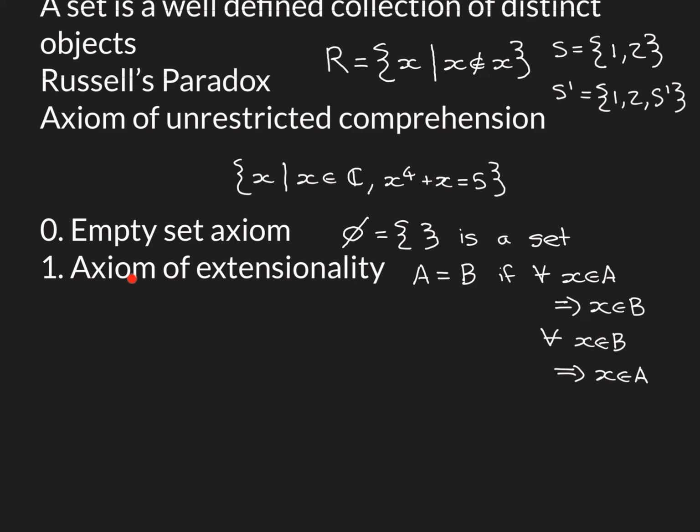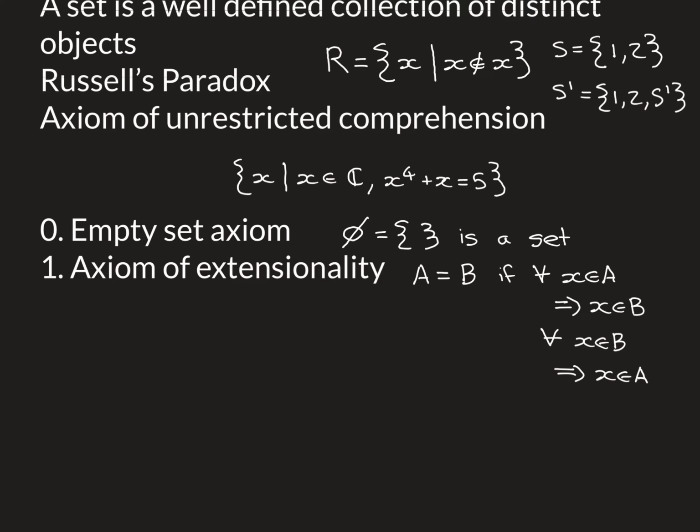Axiom number 1 then, the next one. This is called the axiom of extensionality, and this one you will always see. No matter which textbook you go to, you'll always see this, usually as axiom number 1. And this is a really big, horrible name for something that is incredibly simple. And it says that if two sets that are allowed in our new theory, so let's presume A and B are sets that are going to be allowed in this new theory, if they're the same, it simply means that all the elements within them are the same.